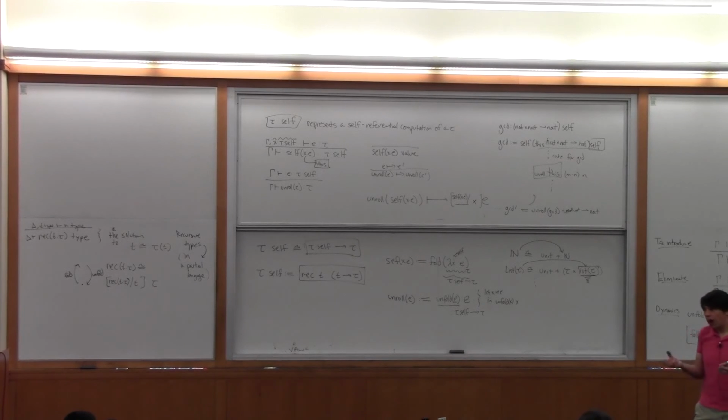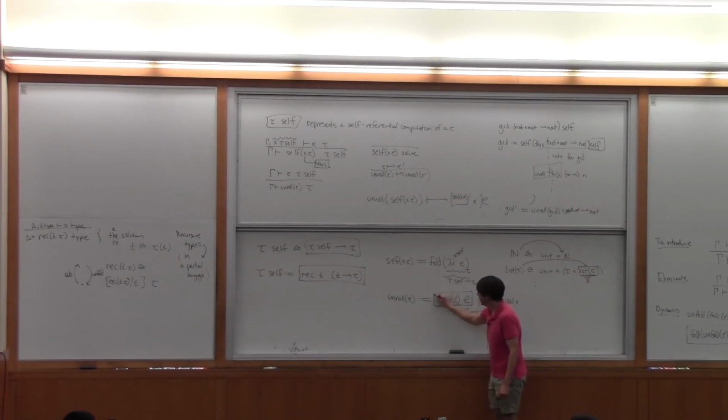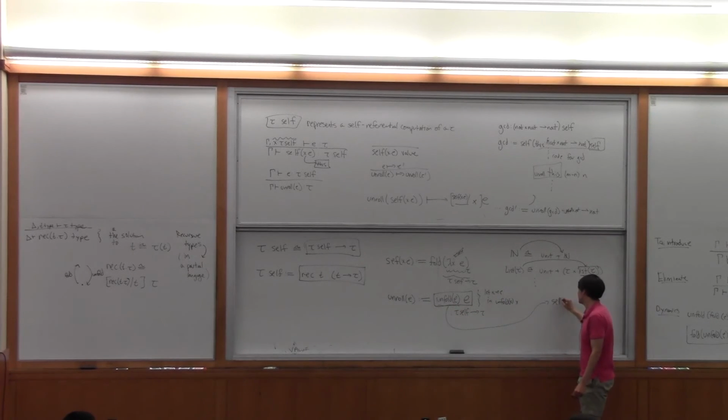Okay. Why is it that we somehow got recursion out of recursion at the type level? Right here, you can see it. What we get is a self application.